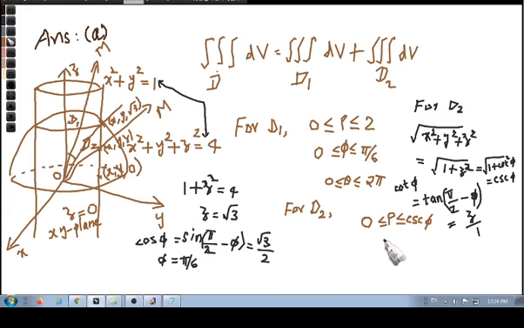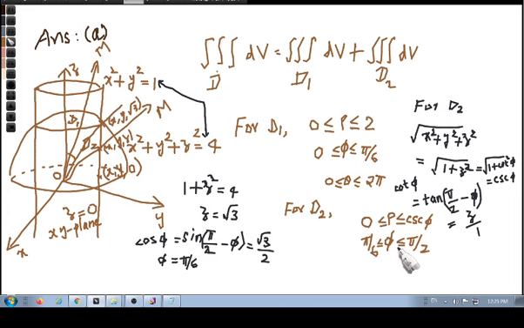Phi varies from pi by 6 to pi by 2. Hope you understand why it is pi by 6 to pi by 2, because to describe D2 we need M to vary from here to here. When here phi is pi by 6 and when here it is phi equal to pi by 2.